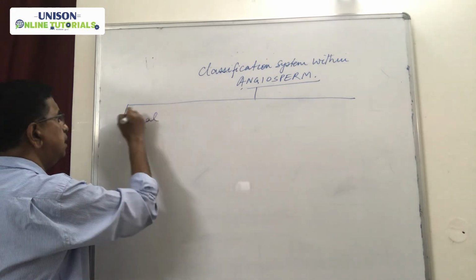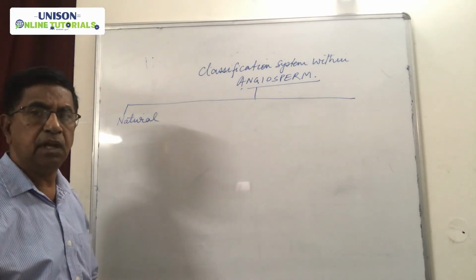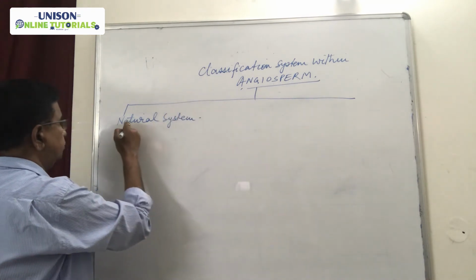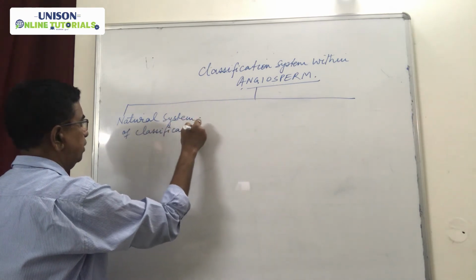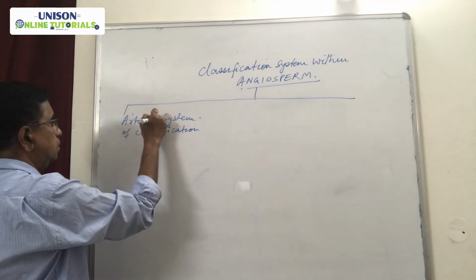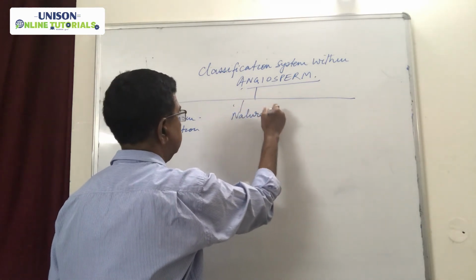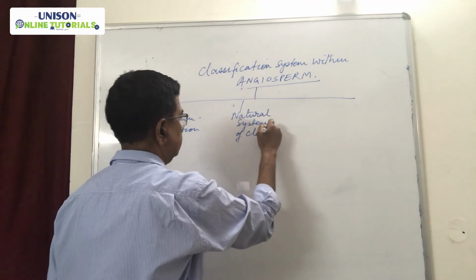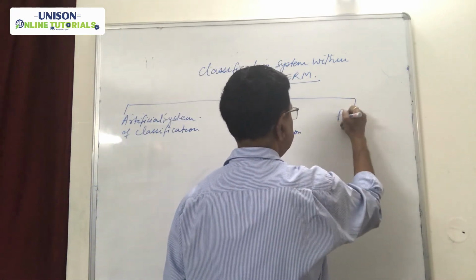So we are not doing the 2 kingdom or 5 kingdom classification system. We are doing the natural system of classification. First is the artificial system of classification, second is the natural system of classification, and third is the phylogenetic system of classification.